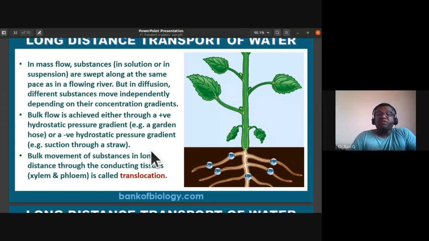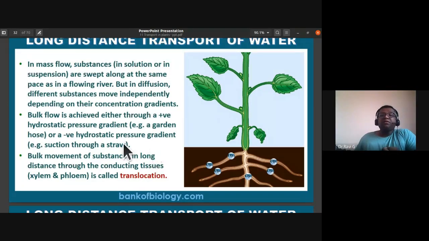But in mass flow, that is not the case. Whatever particles are suspended or in solution, they are carried en mass. Okay. So that is what you have to remember. And that is why diffusion is not accepted for describing the long distance transport of water.